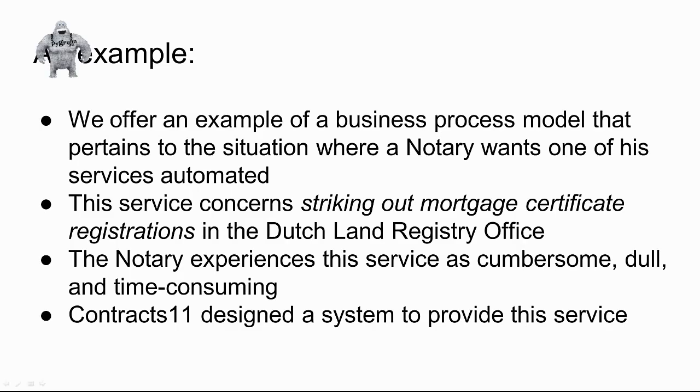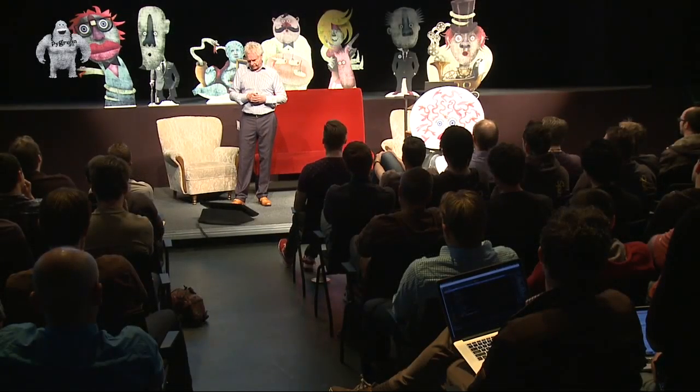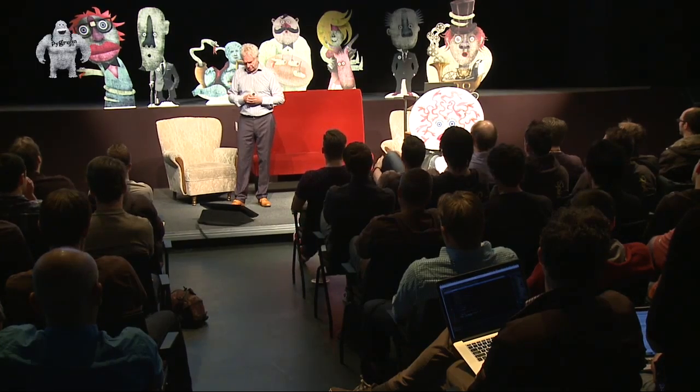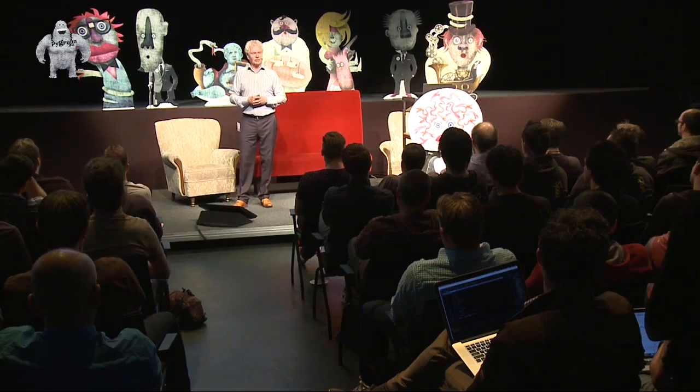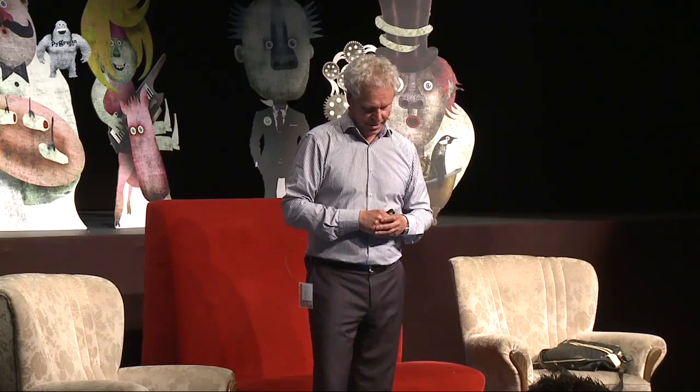When somebody buys a new house, for example, then his old mortgage has to be struck out. It has to be canceled, removed in some way from the Land Registry Office. This job is experienced by the notary as cumbersome, dull, and very time-consuming.